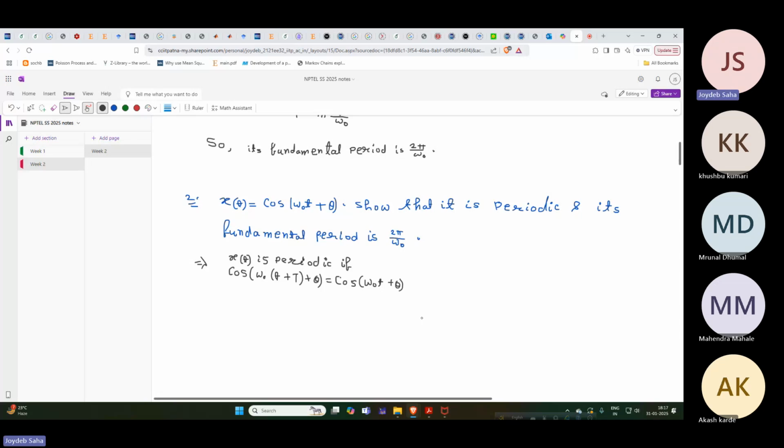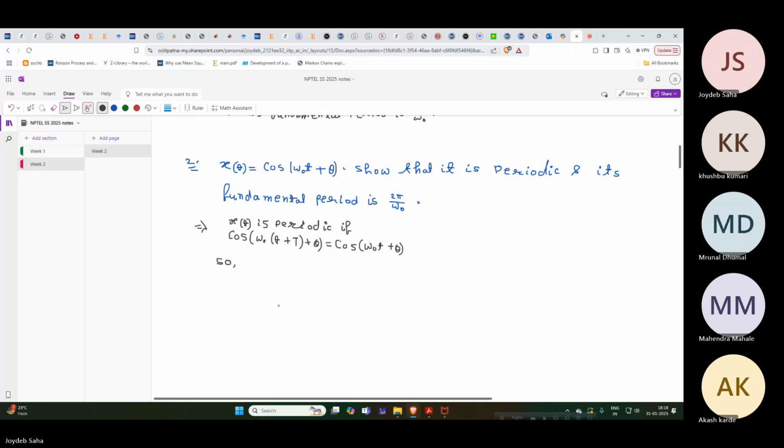So we can write cos(omega 0 t plus omega 0 capital T plus theta) is equal to cos(omega 0 t plus theta).